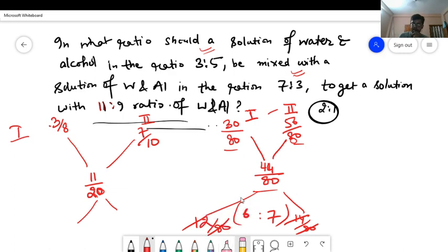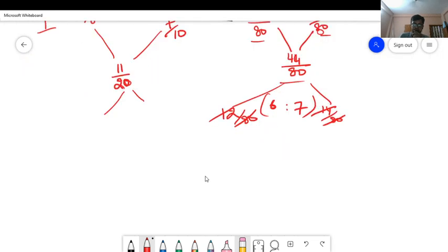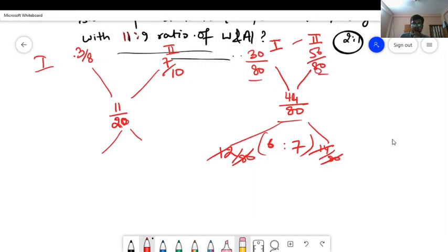Now let's do it with the other method. We had 3 is to 8, and 7 is to 10, and this was 11 is to 20.